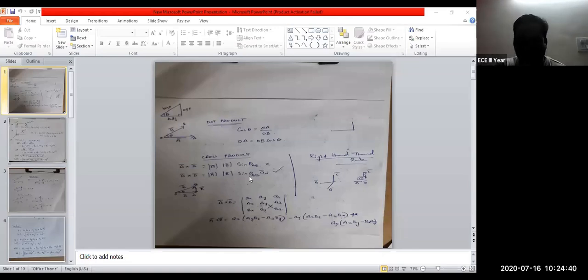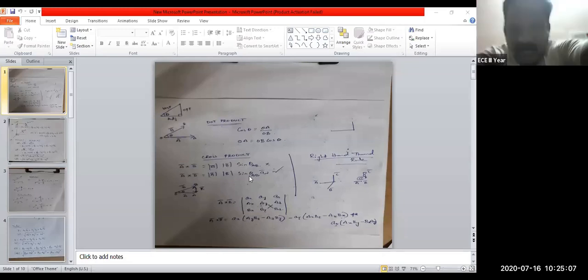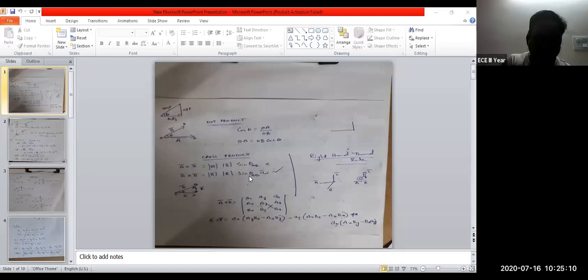We are using this, but we don't know the analysis behind it. Please concentrate, this is very important throughout our life as an EC student. So now you have an idea why we use sine for the cross product and cos for the dot product.